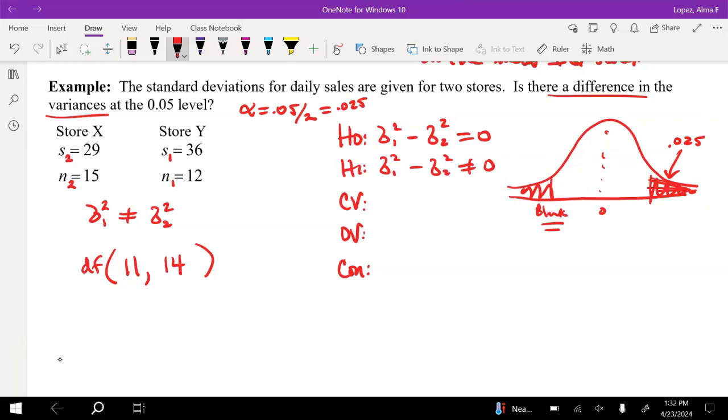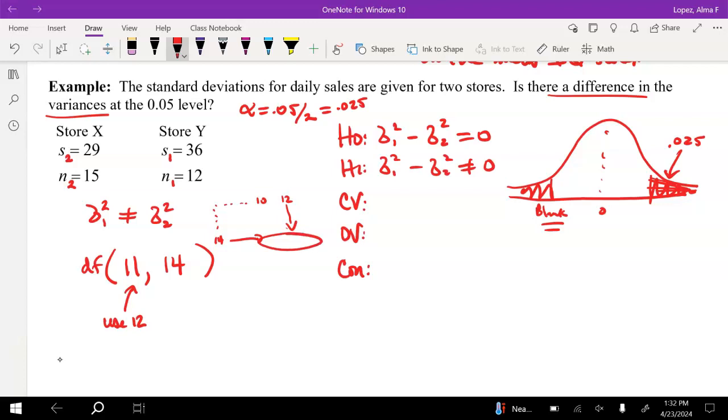So I'm going to do 11 along the top. If you look at the table, along the top it's got a 10 and a 12. And I'm going to go ahead and go down to 14. So I'm looking for one of these numbers. Which one? Because 11 falls exactly between 10 and 12, you're going to pick the 12. The 14 is there, so I'm going to use that.